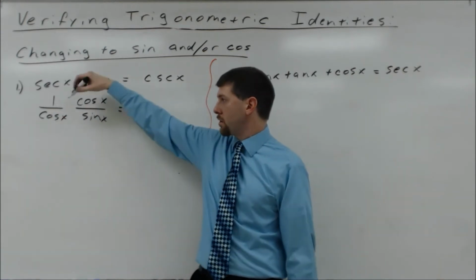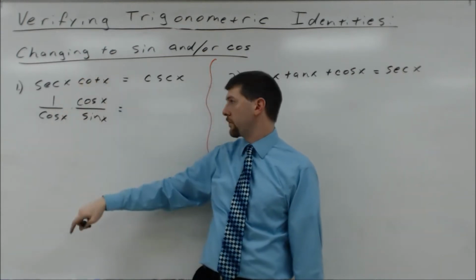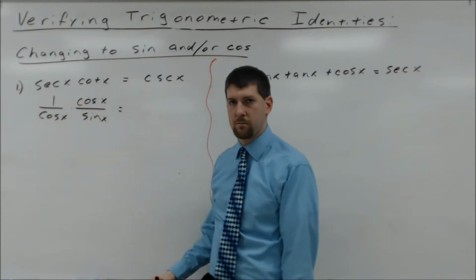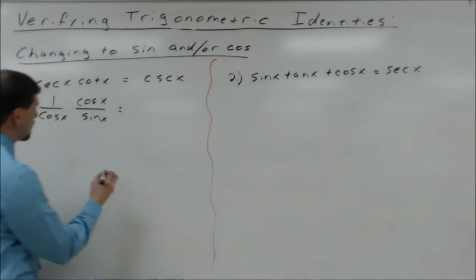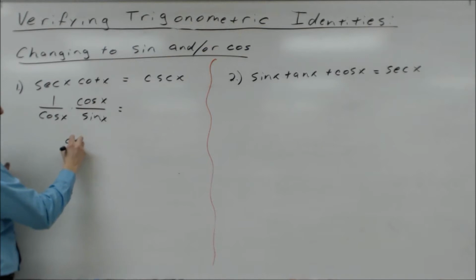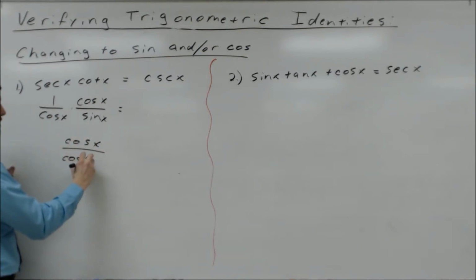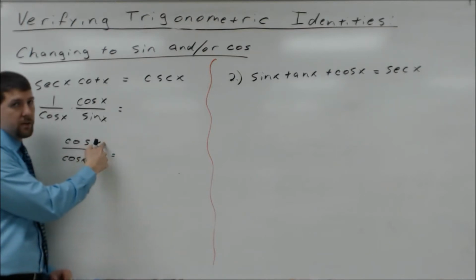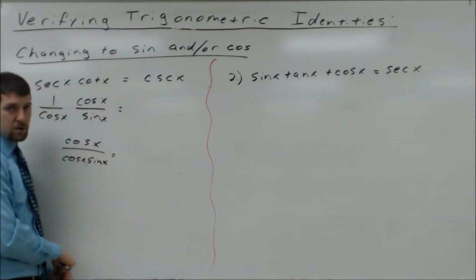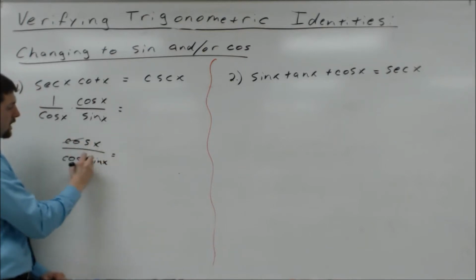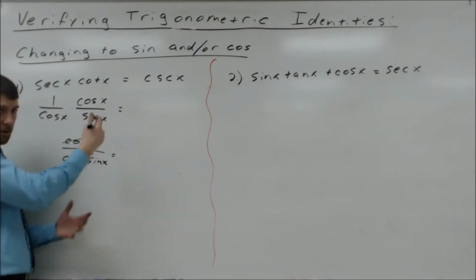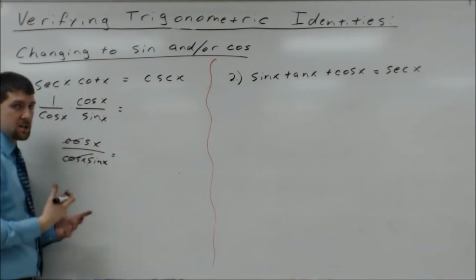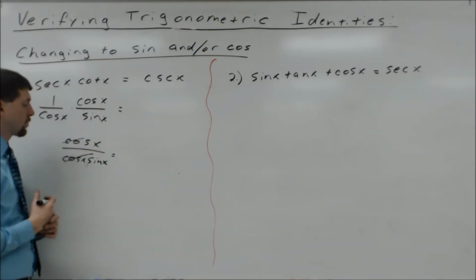Well, if I'm looking at these two fractions, remember to multiply fractions, I'm going to multiply my numerators together. So I get 1 times cosine is cosine of x over cosine of x times sine of x. Well, we notice I have a factor of cosine in the numerator and a factor of cosine in the denominator. They'll cancel, just like any number, because cosine of x is the same value in both the numerator and denominator.